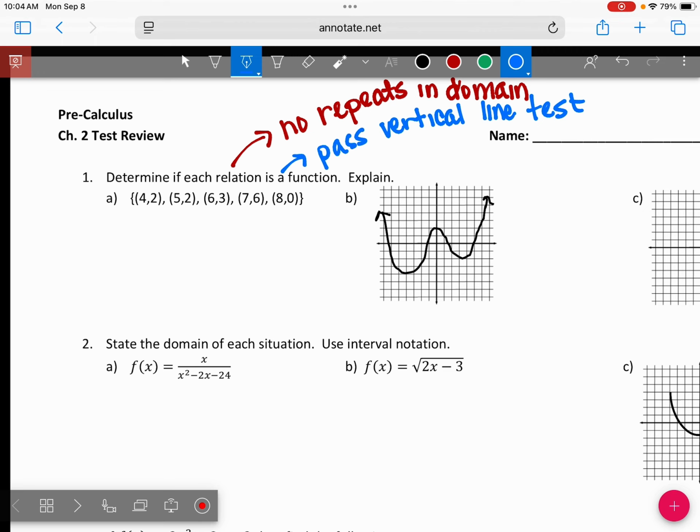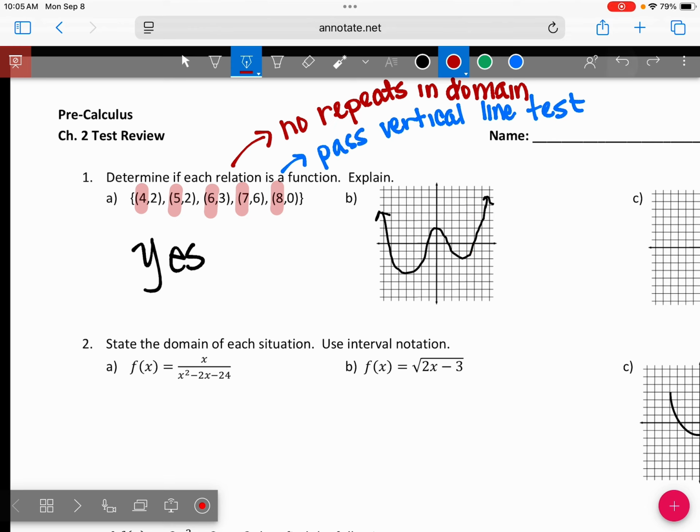So let's look at our ordered pairs. Focusing only on X, I have a 4, a 5, a 6, a 7, and an 8. They're all different, so this would be yes. For our graph, I could draw a vertical line. It only crosses it one time, and it doesn't matter where I draw that vertical line.